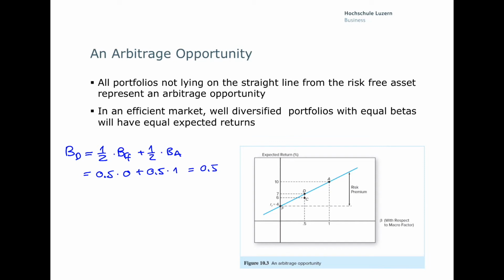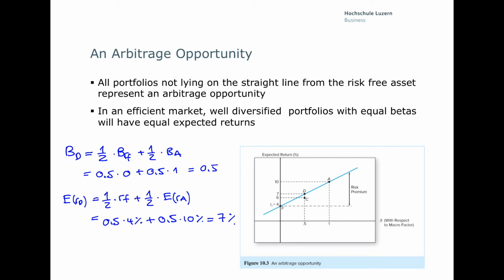Portfolio D's beta will be 0.5 times 0 plus 0.5 times 1 equals 0.5. And the expected return is equal to 0.5 times the 4% of the risk-free rate plus 0.5 times the 10% of portfolio A, which is equal to 7%.